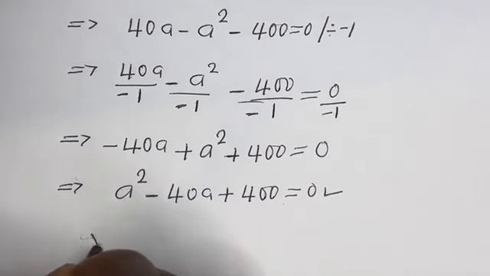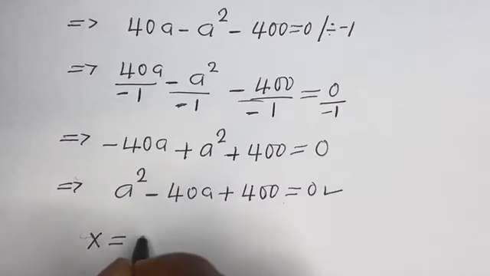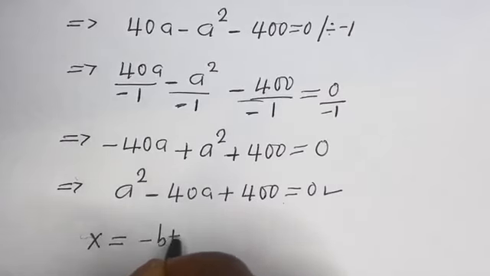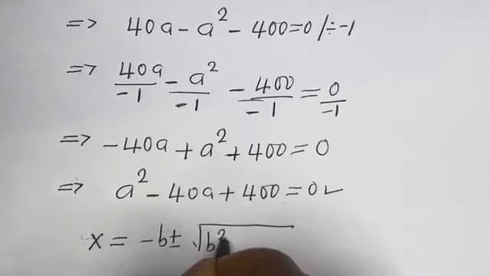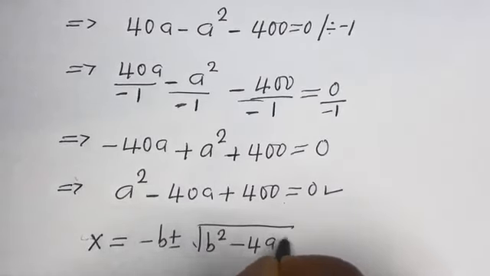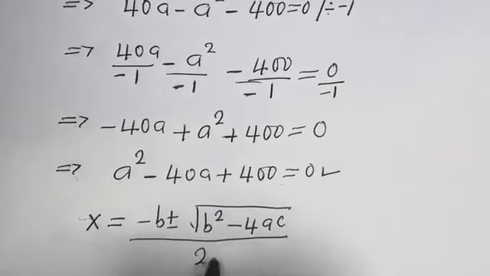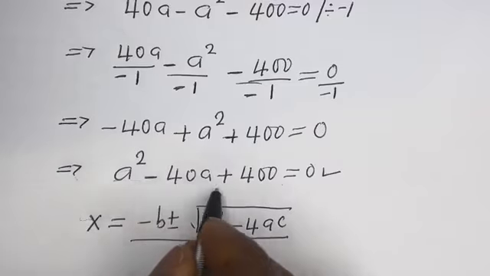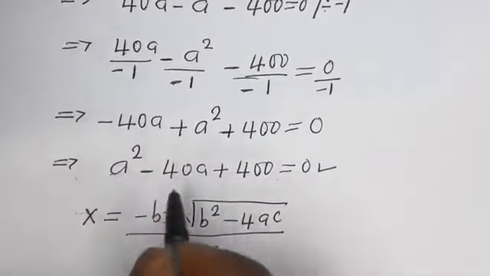From quadratic general formula, x is equal to minus b plus or minus square root of b square minus 4ac over 2a. But in this case, we want to solve for a.